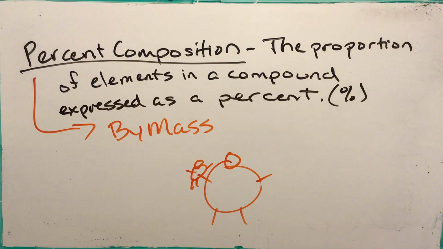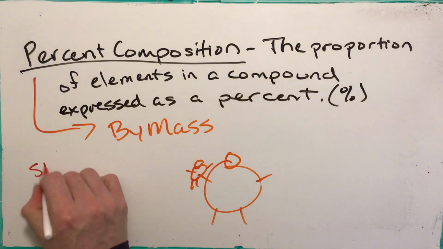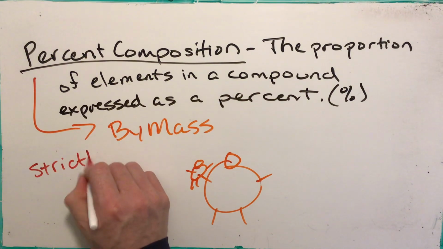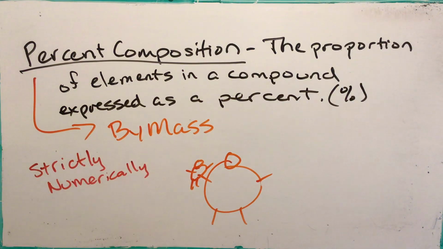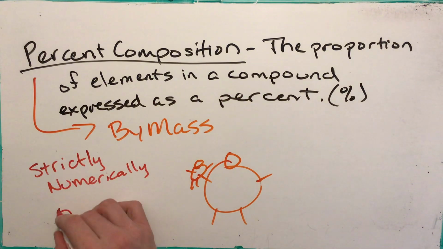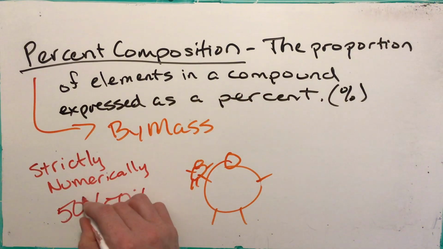If I look at that strictly numerically, I've got one baby and one sumo wrestler, right? This is the way we don't want to do it, by the way. So if I go strictly numerically, in this situation, one baby, one sumo wrestler, it's 50% each.